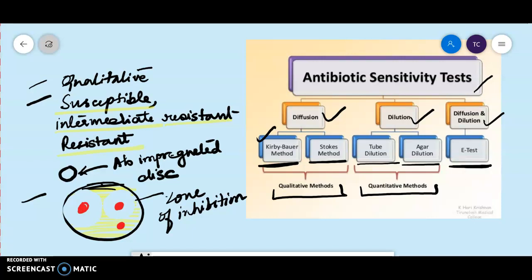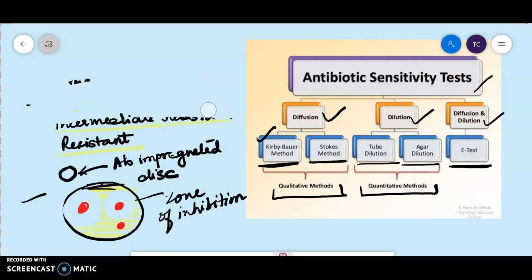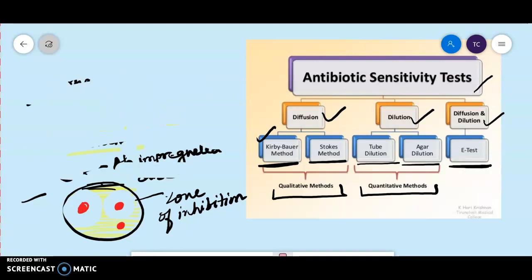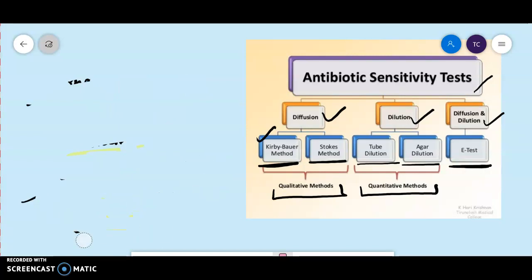So the agar disc diffusion method has various parameters. Let's discuss those parameters. There is a storage condition. First is your antibiotic disc.